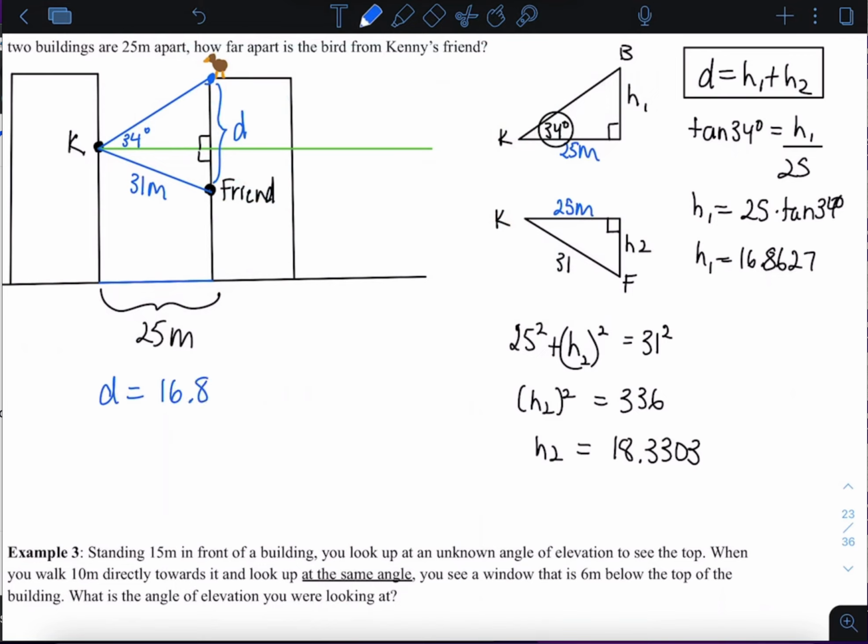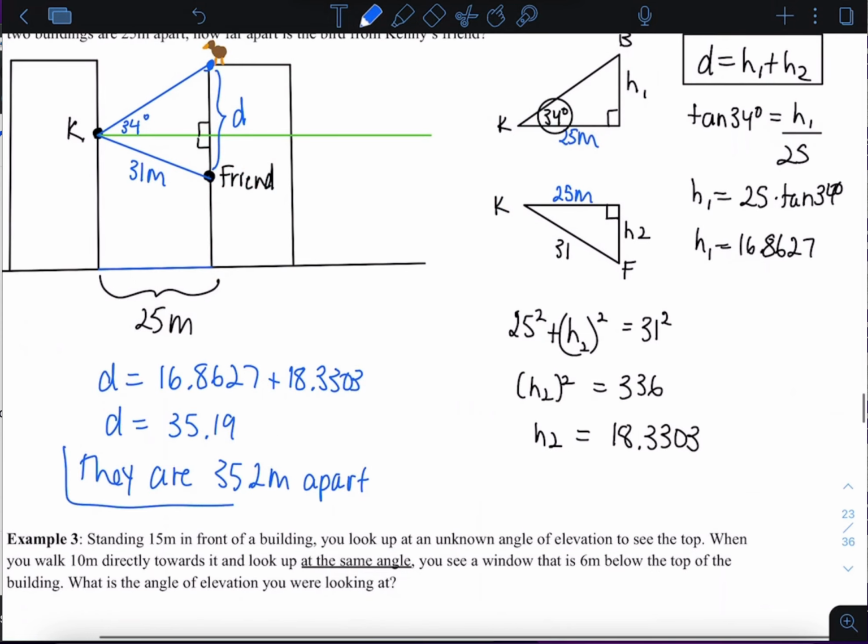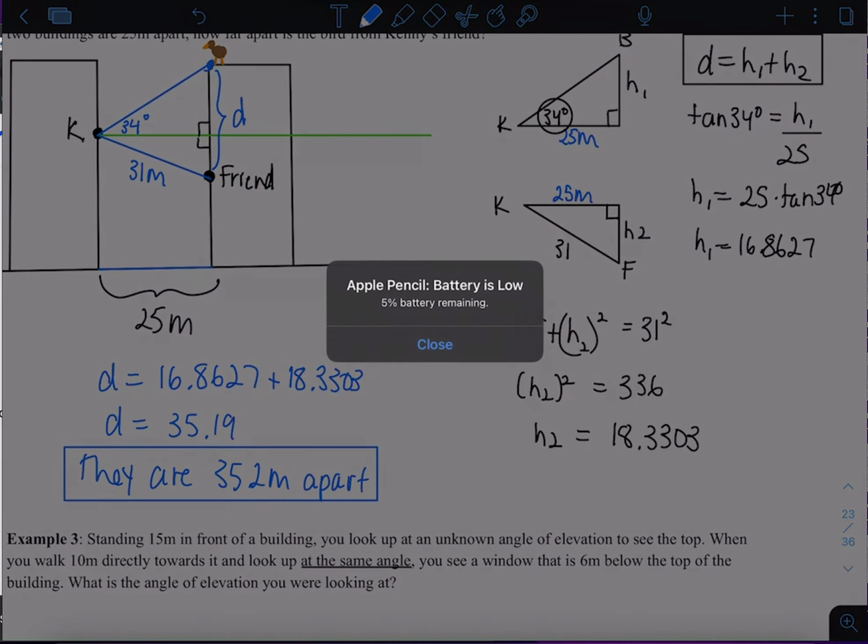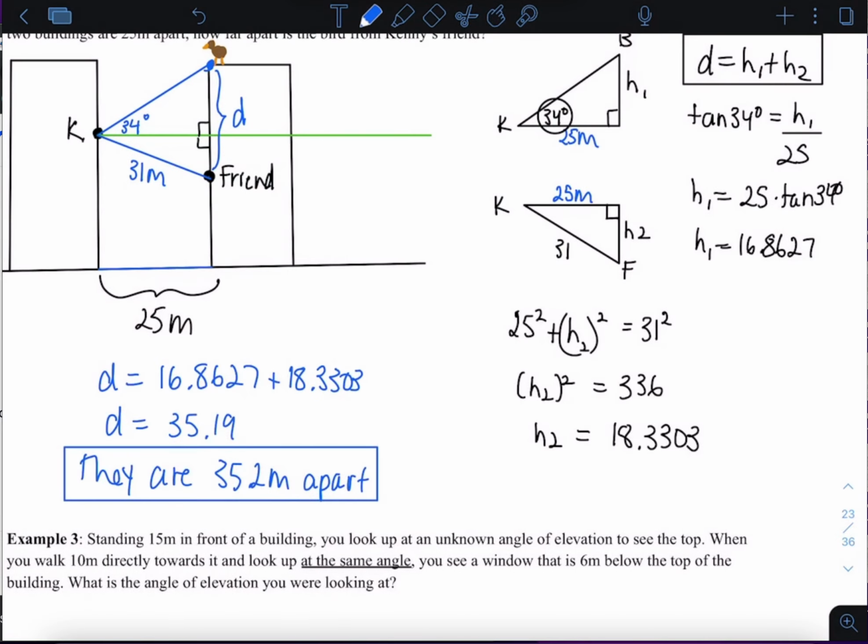So D is the addition of H1 and H2, and we will round this to one decimal place. They are 35.2 meters apart. All right. And that's the friend and the bird.